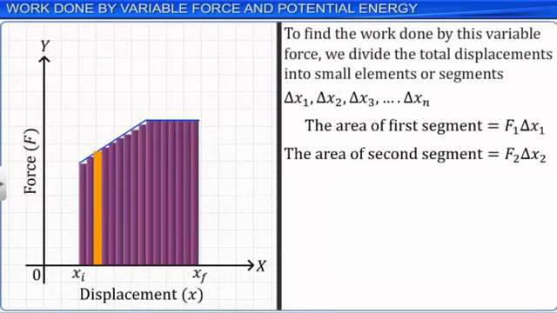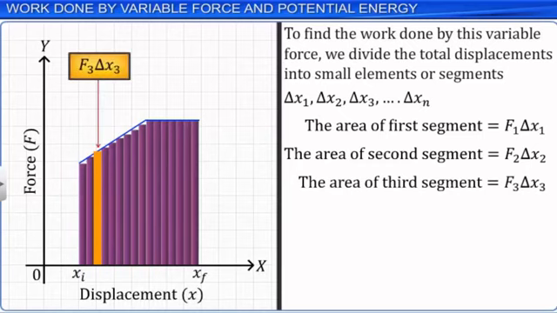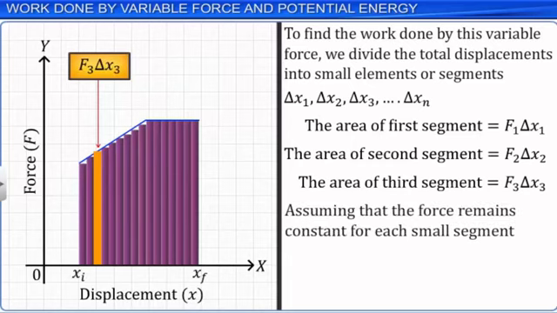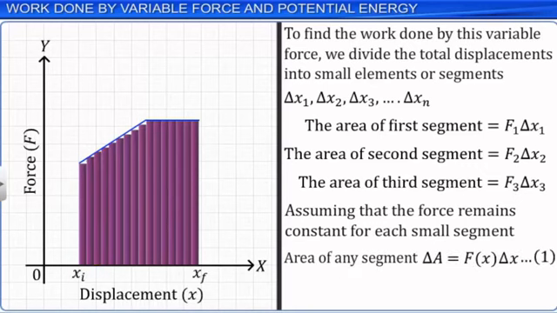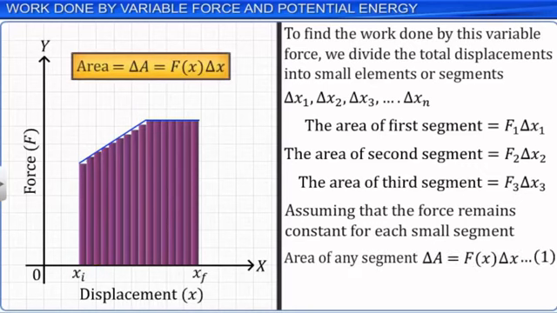For the third segment, delta x3, work done is the area of the third segment, that is, F3 into delta x3, and so on. Here, we assume that the force remains constant for each small segment. Thus, the area of any segment will be denoted by the expression delta A is equal to Fx delta x. Let this be equation 1.